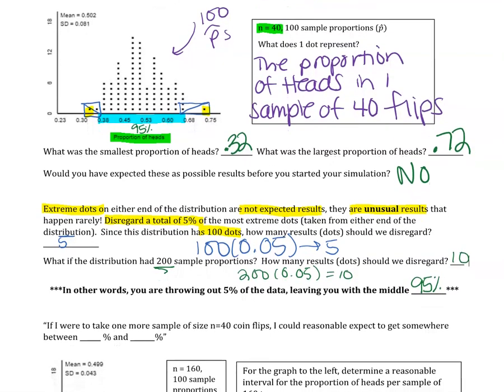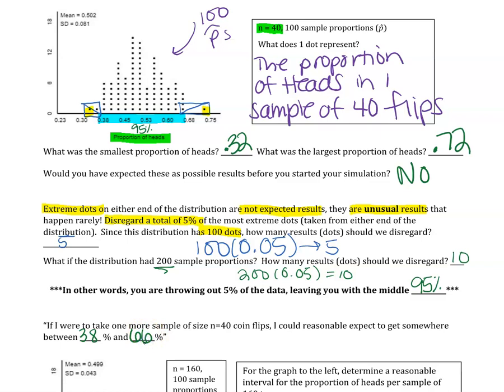So my lowest p-hat that I would now consider a reasonable guess for my next flip is like 0.38, so I'll say 38%. And the highest one I'll say is like 0.64, I'll guess. 0.64 is 0.66. Let's actually say 0.66.